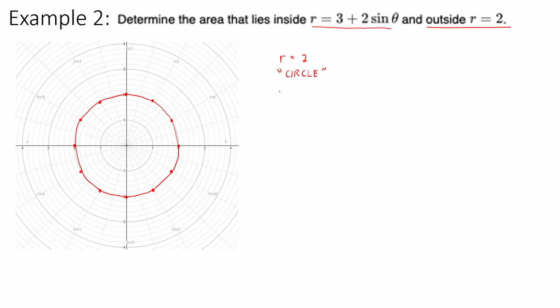So next is r equals 3 plus 2 sine theta. Again, for r equals 3 plus 2 sine theta, we're going to use mode table. For some calculators, just adjust what the value of your table is. It's not 7, so different lang sad.